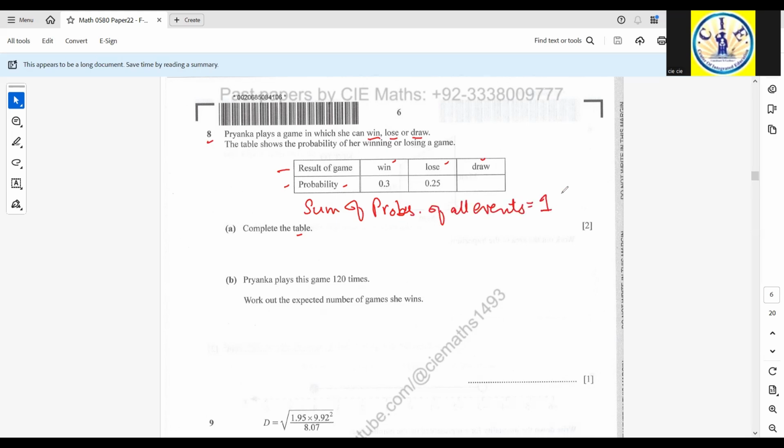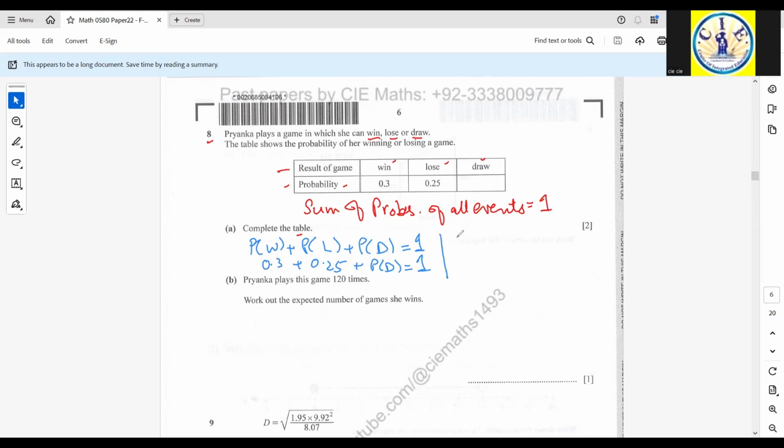equals 1. So I'm using this property here: probability of winning plus probability of losing plus probability of drawing should be equal to 1. So now let's replace the values: 0.3 plus 0.25 plus probability of match being drawn equals 1.